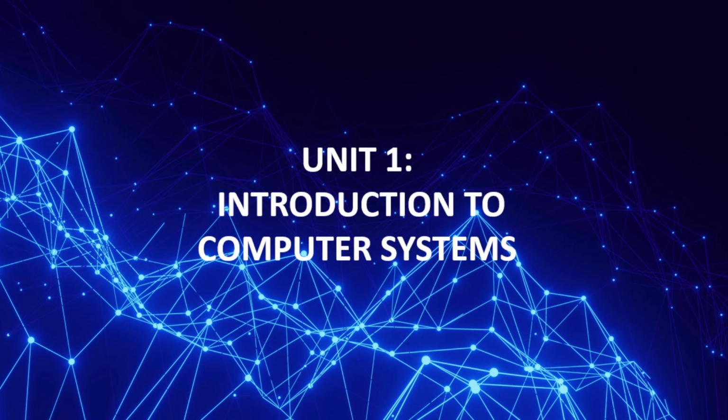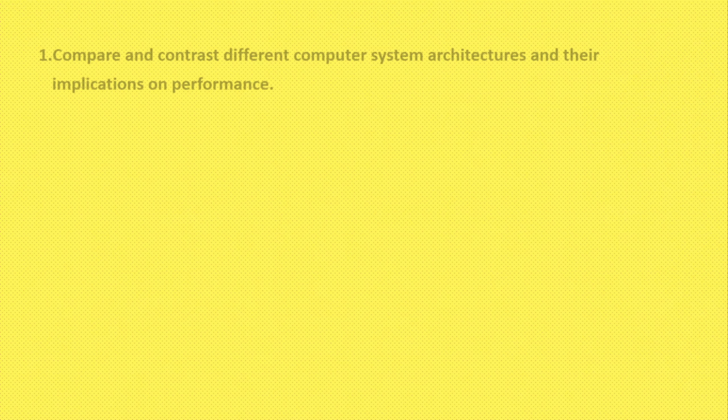So unit one, the introduction to computer systems. Under the introduction to computer systems, let's look at some of our objectives here. One, compare and contrast different computer systems, architectures, and their implications on performance.